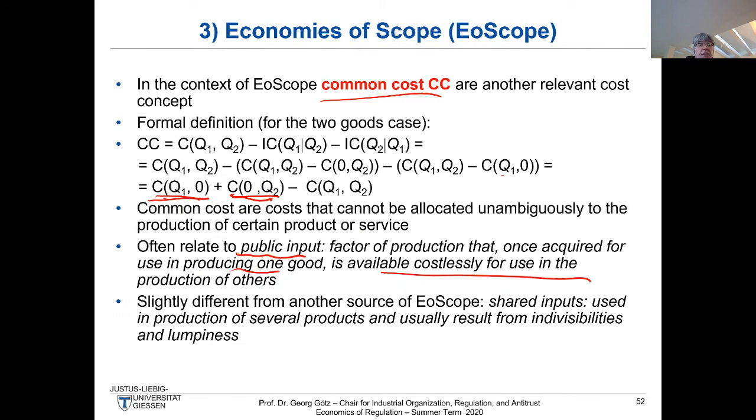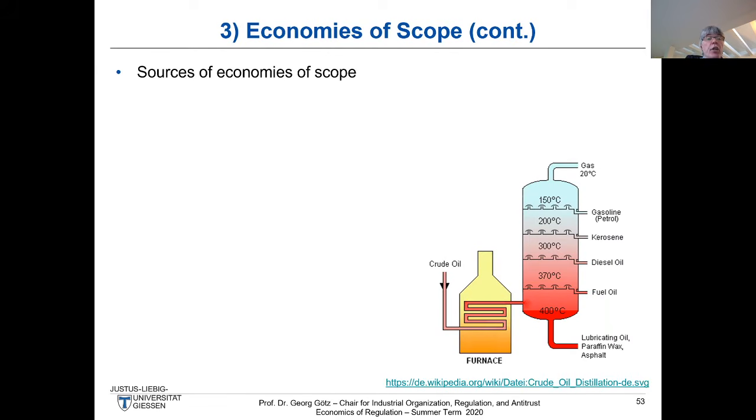This is slightly different from a public input, this shared input. These are inputs which are used in the production of several products and usually result from indivisibilities and lumpiness. I will explain it in more detail here. The same equipment for various products is a shared input.